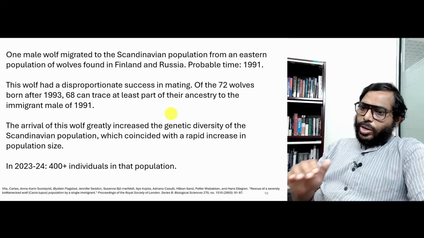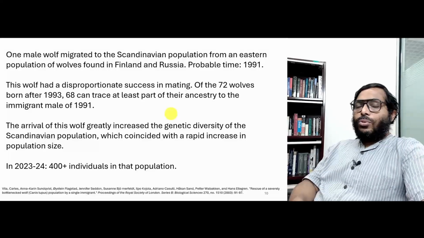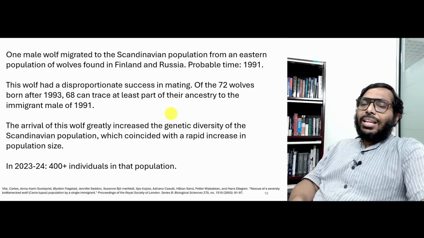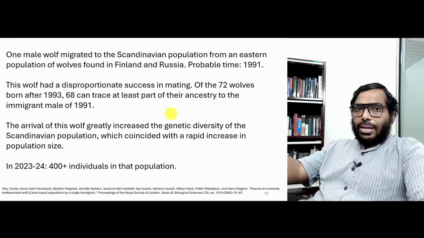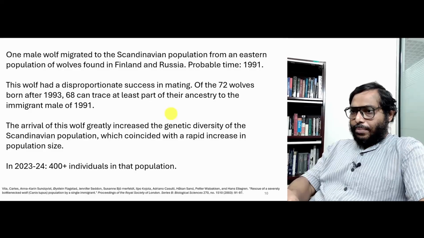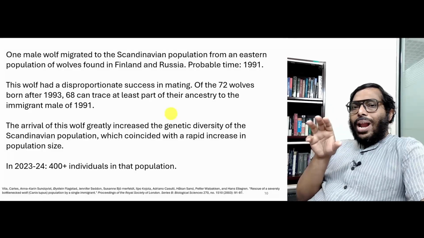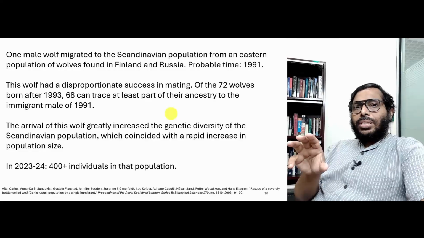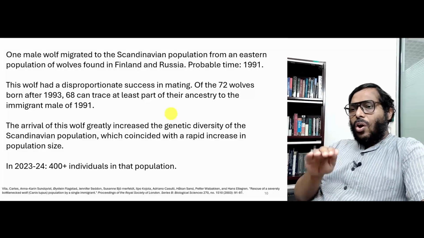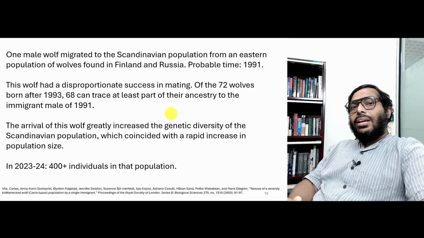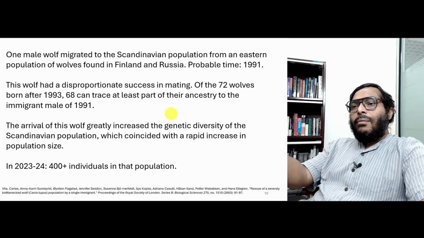Today in 2023-24, that is the last census data that I could find, the population size has actually gone up to 400 plus, and there are multiple breeding packs in that area, and by and large the population is doing very, very well. So, this is one example of how inbreeding depression coming due to drift or also founder effect, all that gets taken care of because you have a migrant.